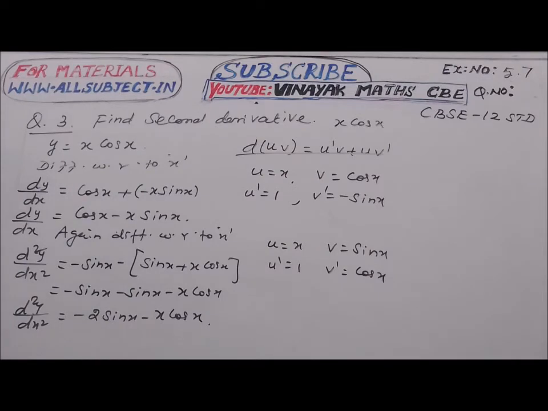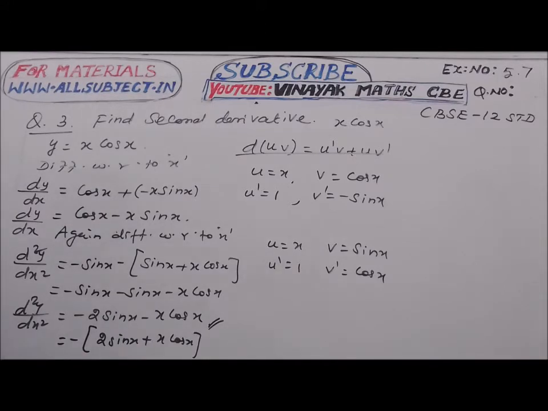So the second derivative of the given function x cos x is minus 2 sin x minus x cos x. We can't take anything common between the two terms, so we can leave it, or we can take minus as common and write one more step, minus of 2 sin x plus x cos x, or leave it as it is, we will get the mark.